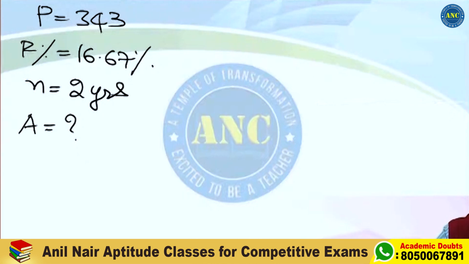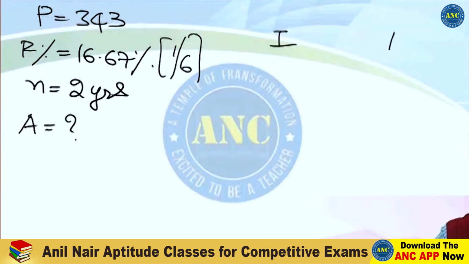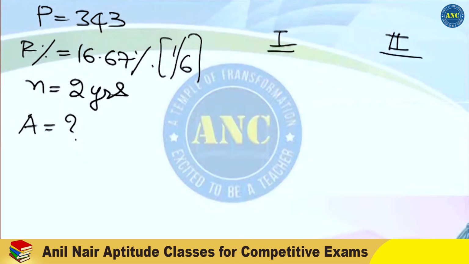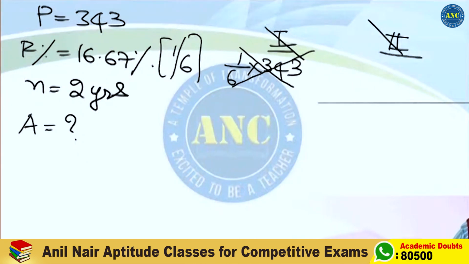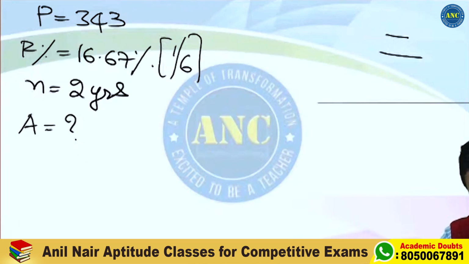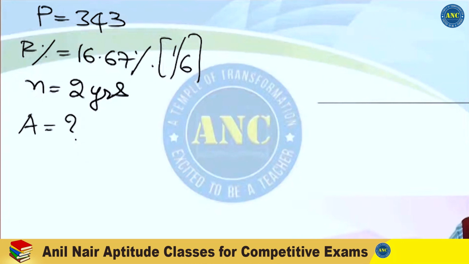Please don't do it like this. 16.67 is 1 by 6, so first year would be 1 by 6 of 343, but 343 is not a multiple of 6. If the principal is not a multiple of the denominator, nothing to worry. Forget about that 343.